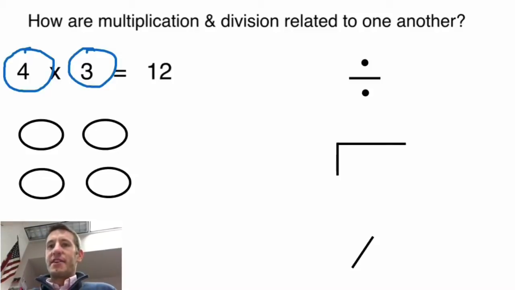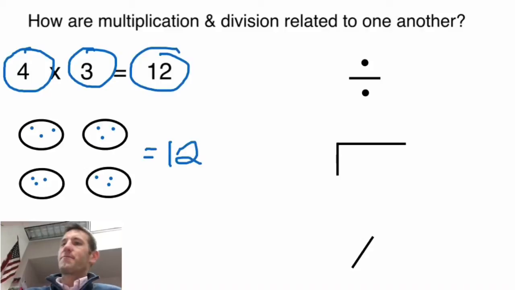So I could say there were 4 groups times 3. I need to have 12 as my whole. So 1, 2, 3, 4, 5, 6, 7, 8, 9, 10, 11, 12. So I know altogether that's 12.